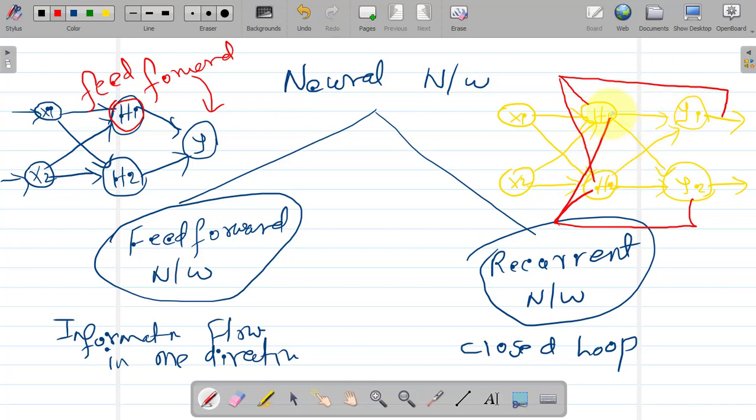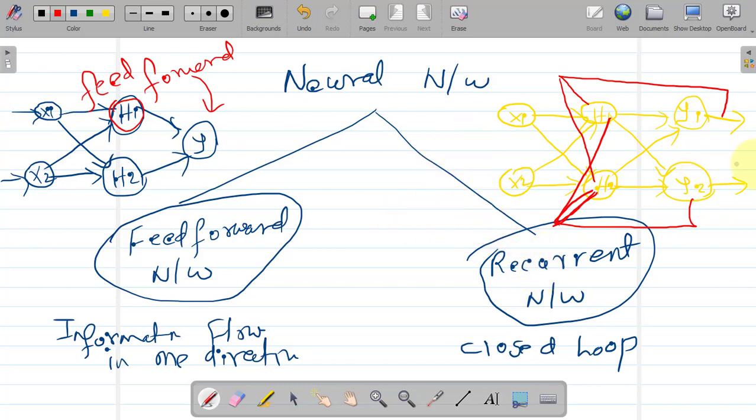So as we can see here, at one point they will form a closed loop. Therefore, these networks are called as recurrent network. Now, this is your first difference between the feed forward network and the recurrent network.